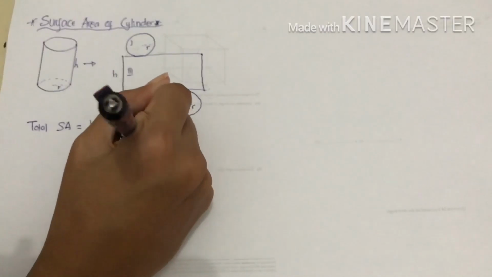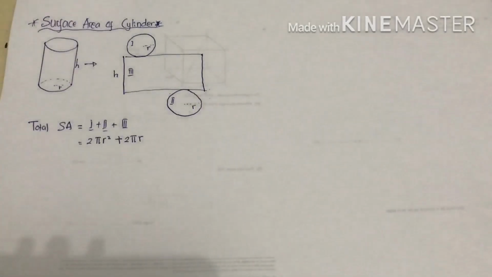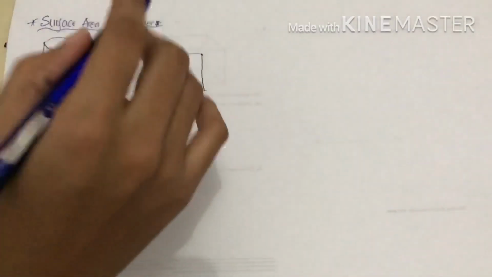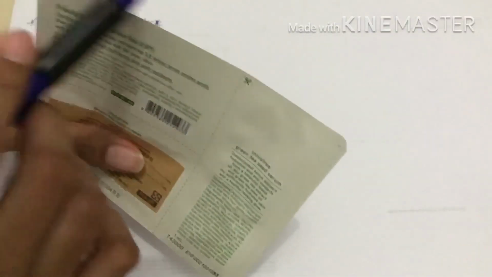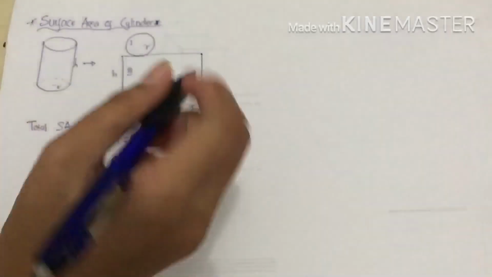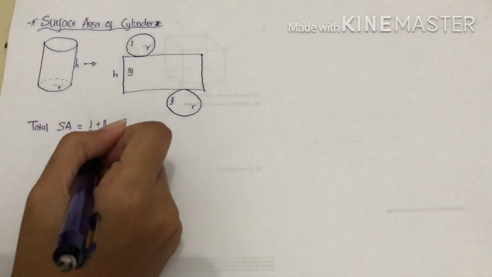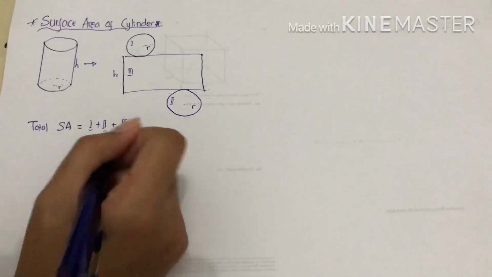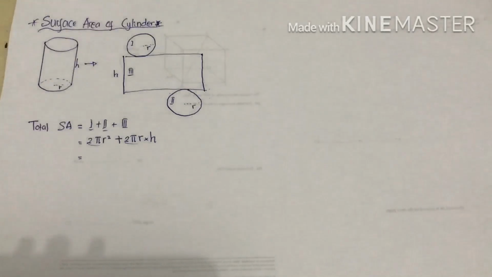So we knew that it is equals to 2 pi r times height, right? Times height.